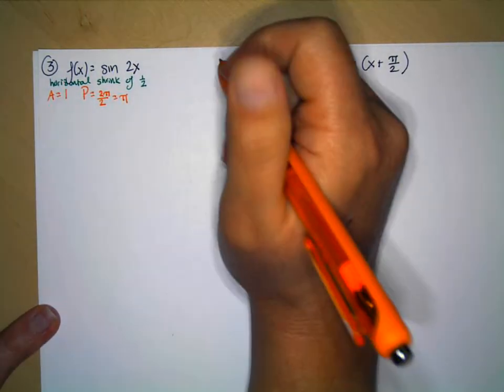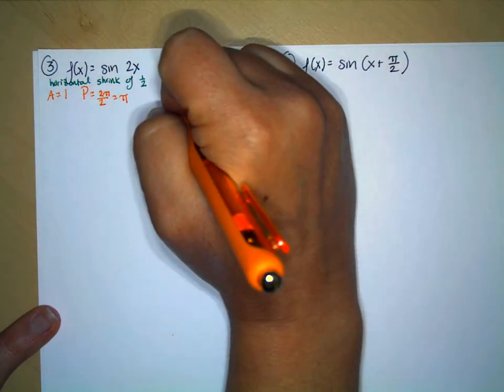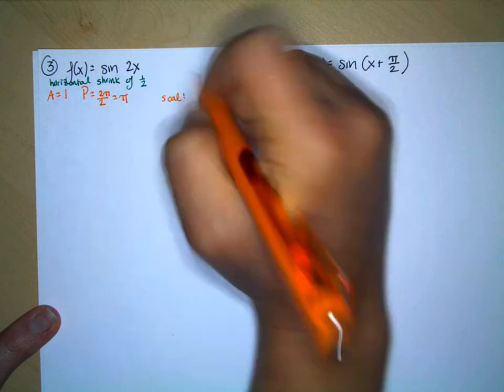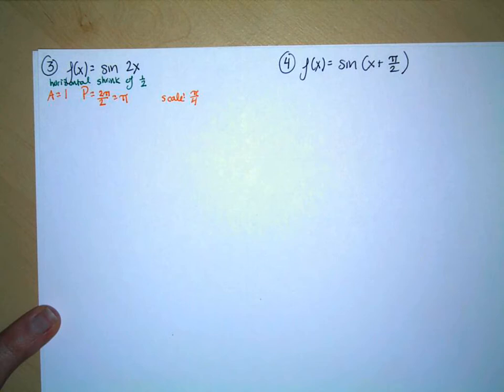Next up, we want to divide our period by 4 to get our scale. So our period is pi. Divided by 4 is just pi over 4.